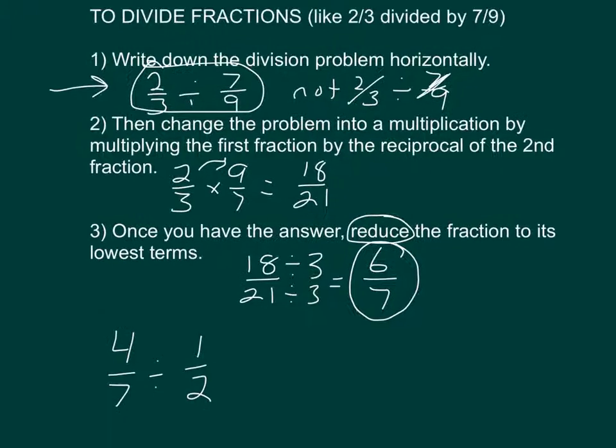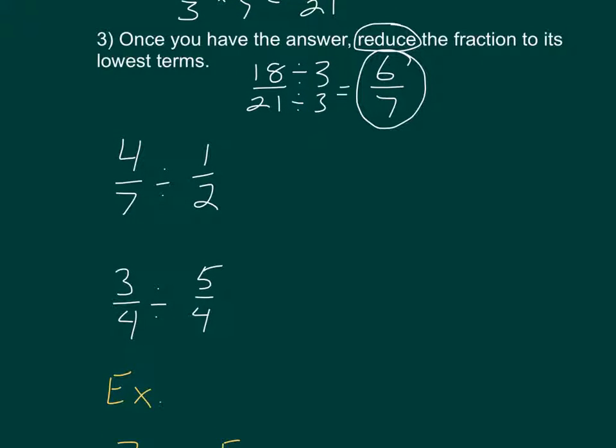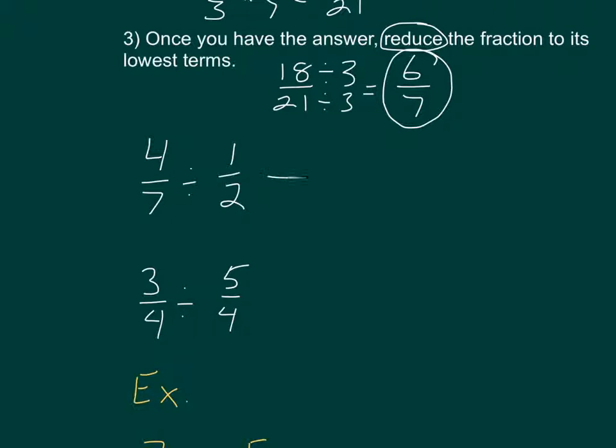All right, so here are some examples. 4/7 divided by 1/2. I would turn that into 4/7. Notice that the first fraction stays the same, times the reciprocal of 1/2, which is 2 over 1. I multiply them. 4 times 2 is 8. 7 times 1 is 7. I see if I can simplify or reduce.